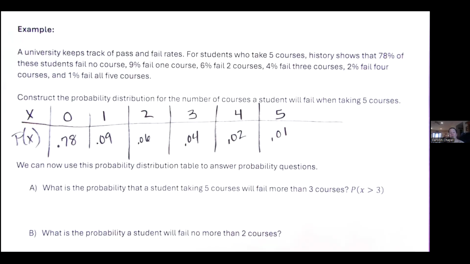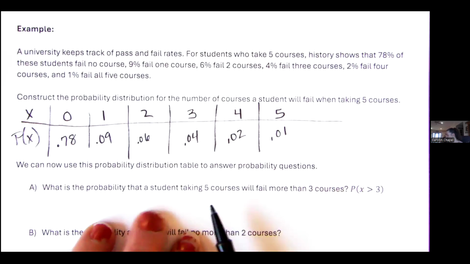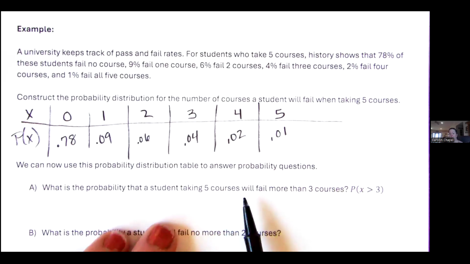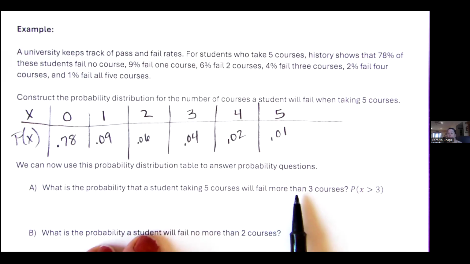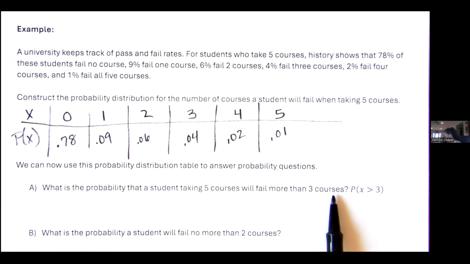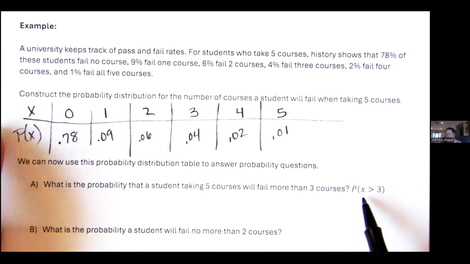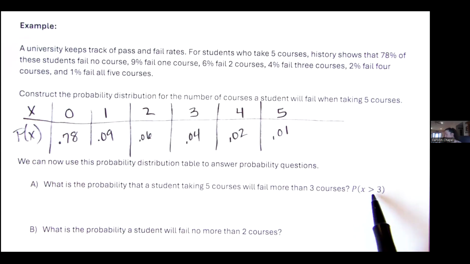Now we're going to use this information to answer a few more questions. What is the probability that a student taking 5 courses is going to fail more than 3 courses? If I wrote that in probability terms, it would be the probability that X, our random variable, which measures the number of failures, is greater than 3.